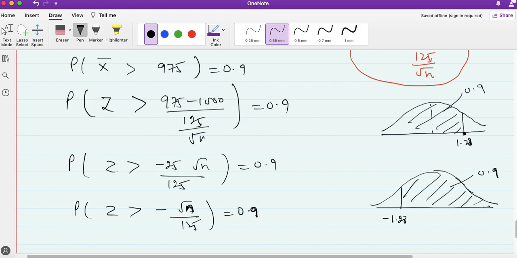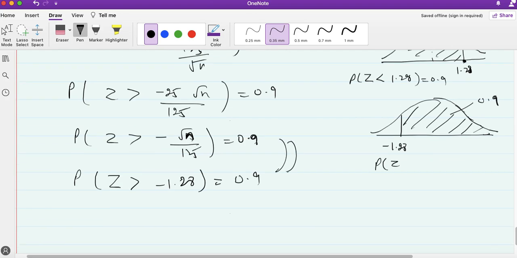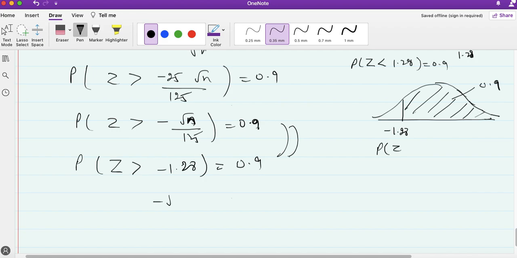So what is given to us is the probability of Z less than 1.28 is equal to 0.9. So using the symmetric nature of the normal distribution, we can write the probability of Z more than minus 1.28 should also be 0.9. So if we compare these two expressions, we can get minus root n upon 125.